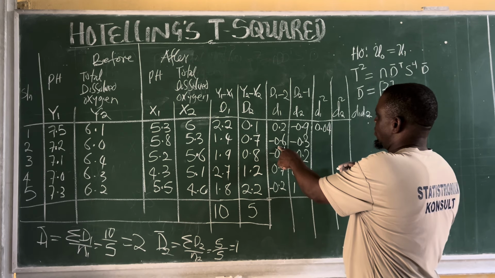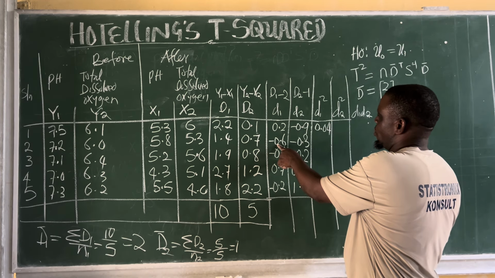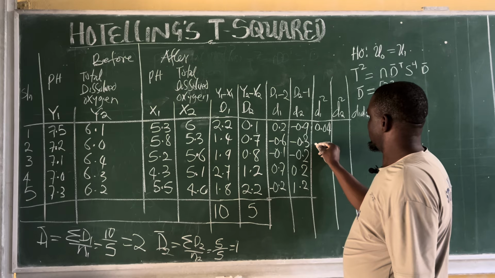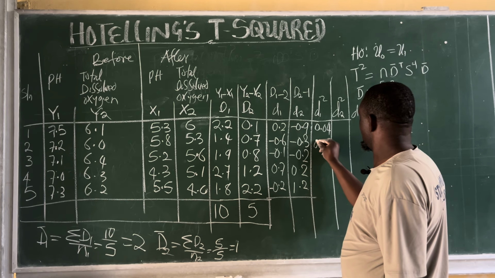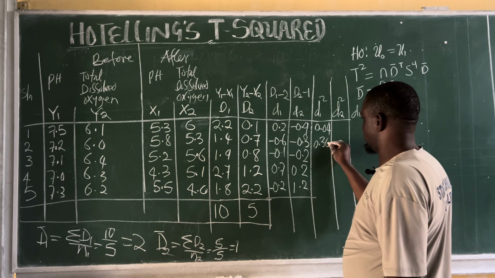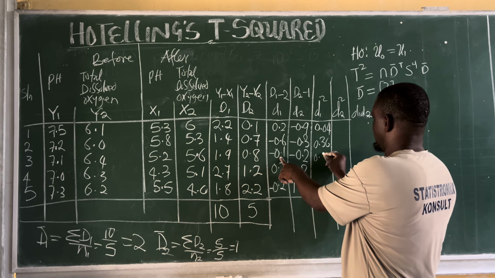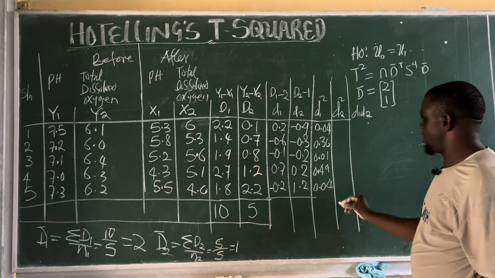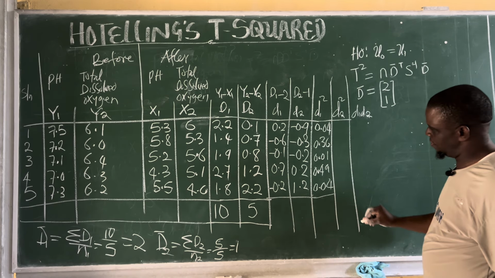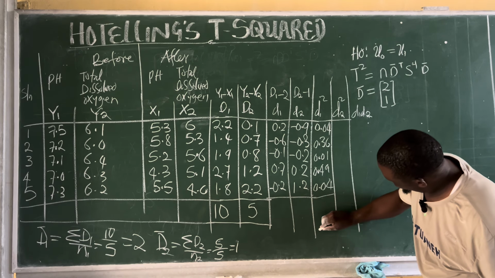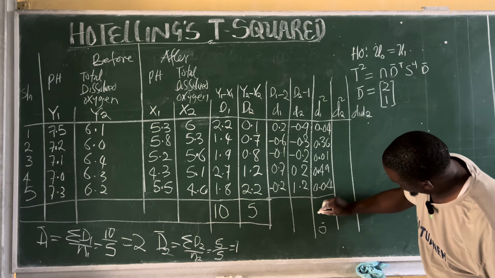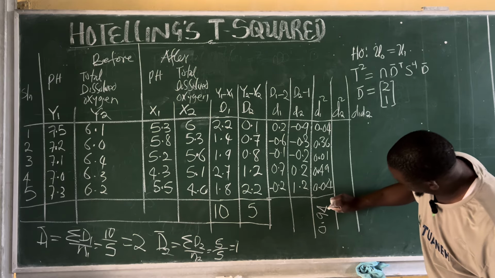Okay? So D1 square will be 0.04, the square of minus 0.6 is 0.36, and this is 0.01. Now, if we sum that, it will give us 0.94.